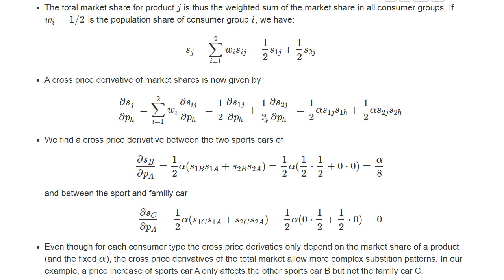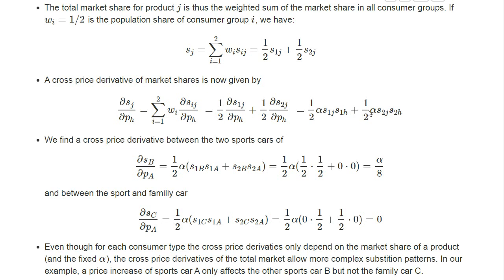Or in our example, essentially because we assume that within each consumer group, demand is described by a conditional logit model, it would mean that the price derivative is 1/2, that's the size of consumer group 1, times here the simple formula, alpha times S1J times S1H, and the same for consumer group 2.